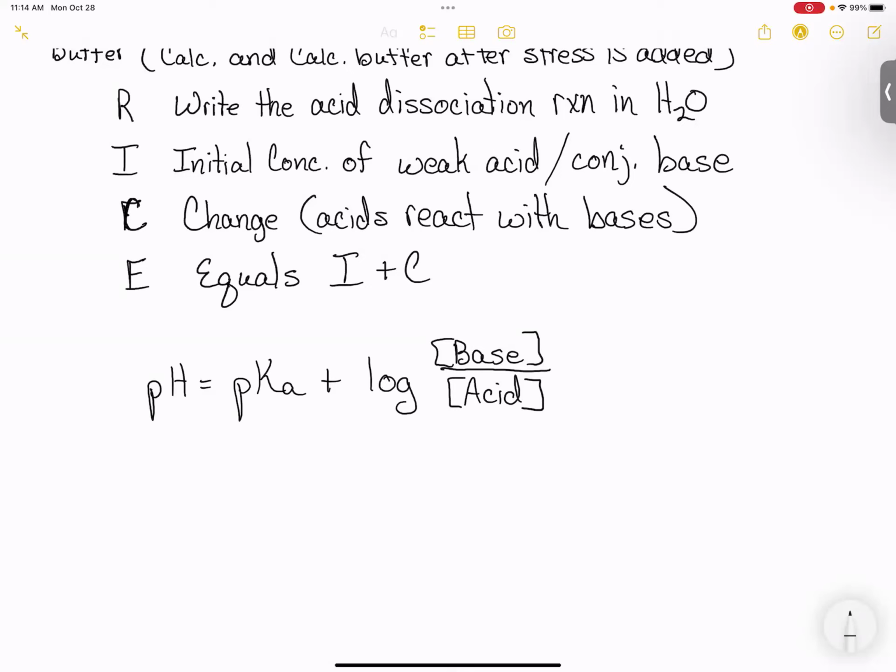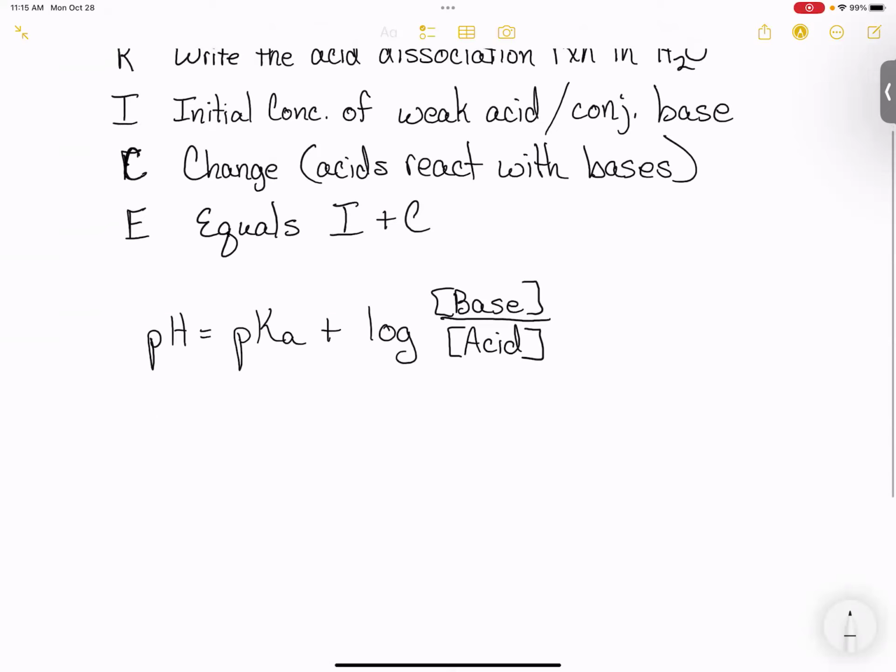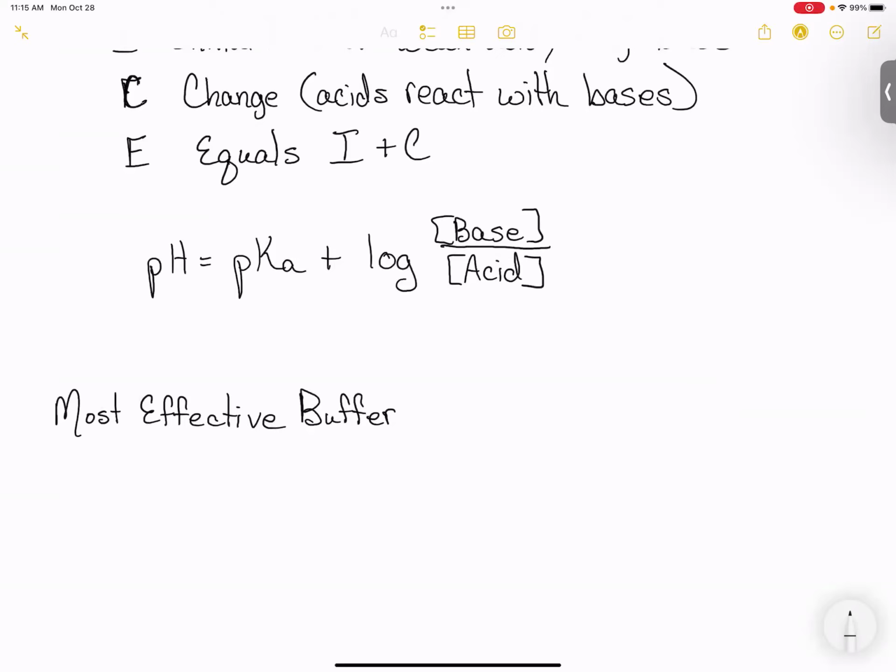So that is just kind of getting our brains going, where I left off on Friday. What I want to describe is a couple of things about the buffers. So what is going to be the most effective buffer? The most effective buffer is really going to have two qualities about it.